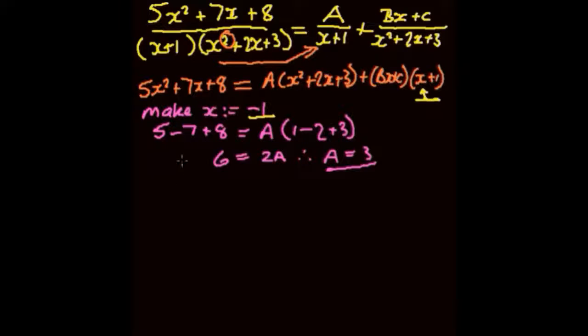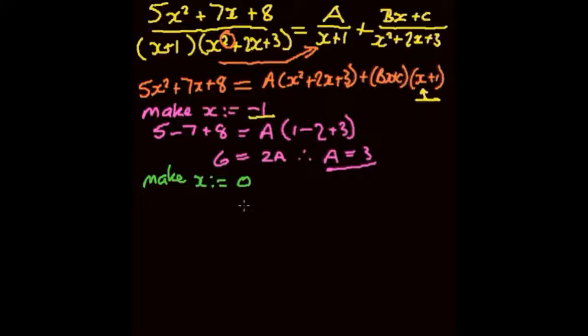Now we need to find b and c. So I'm going to pick a different figure for x. I'm going to make x equal to 0, and do exactly the same thing again. Plug that 0 into this equation up here. Anywhere I've got an x and I put a 0 in it, it's going to equal 0.